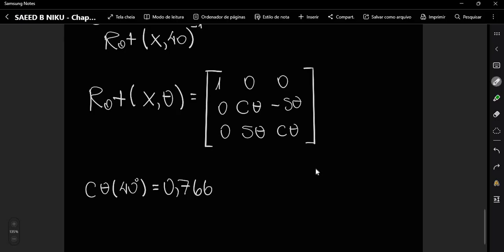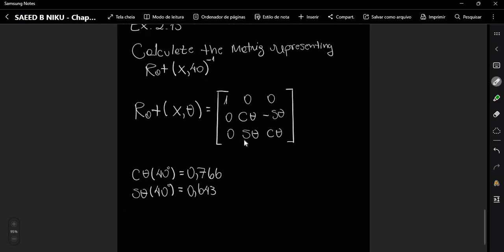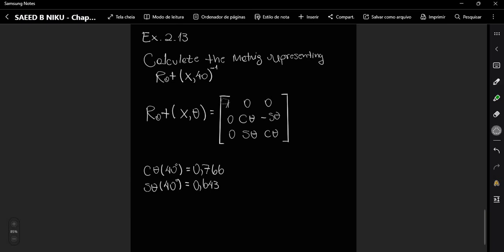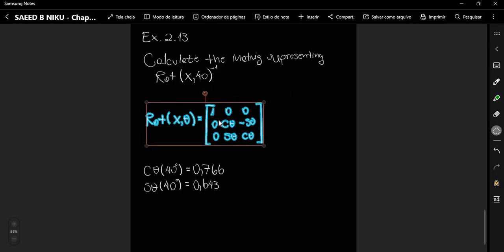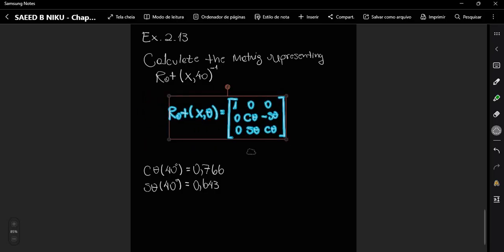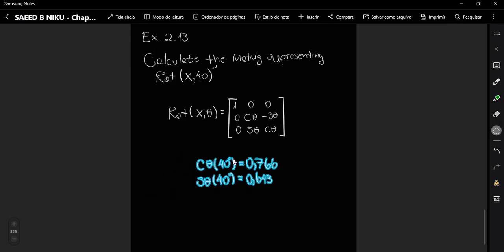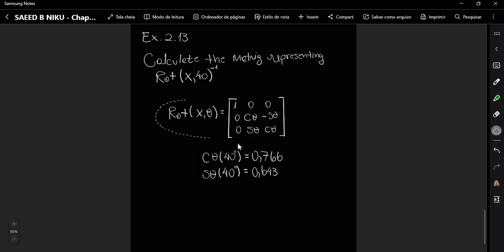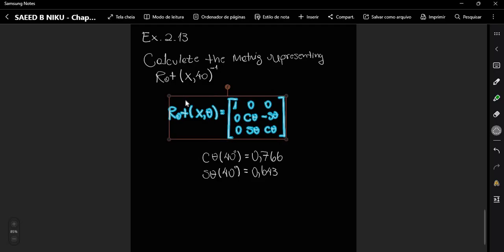The sine of 40 degrees is equal to 0.643. And now let's make this smaller so it doesn't take too much space. I think it's okay. Let me copy and paste right below.